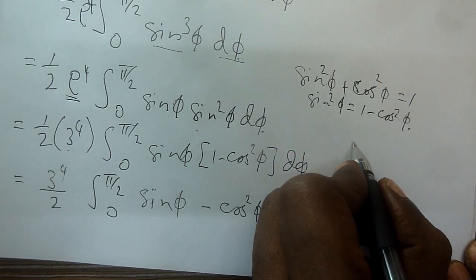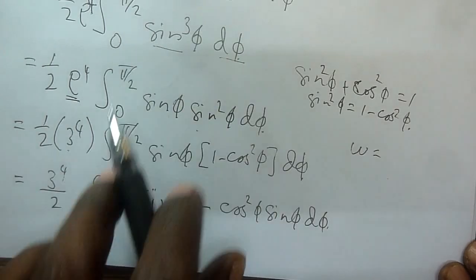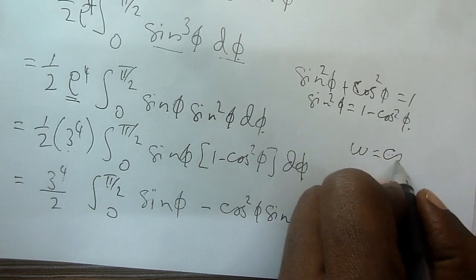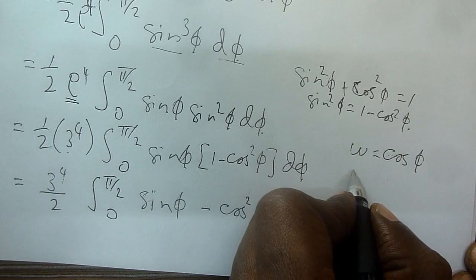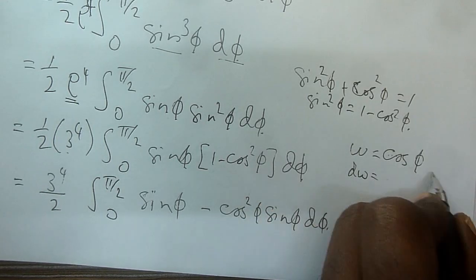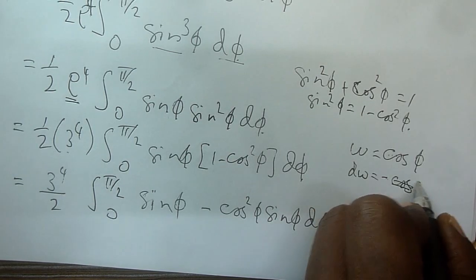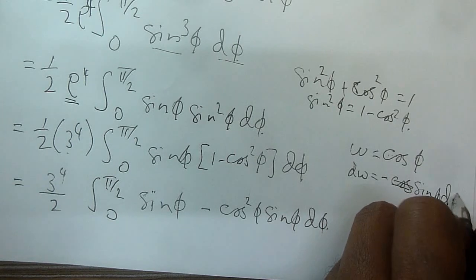What about this? You imagine again w, for example, I don't want to mix up with the u and something like that, because we used u here. Here, I use w as cos phi. dw is negative sine phi d phi.